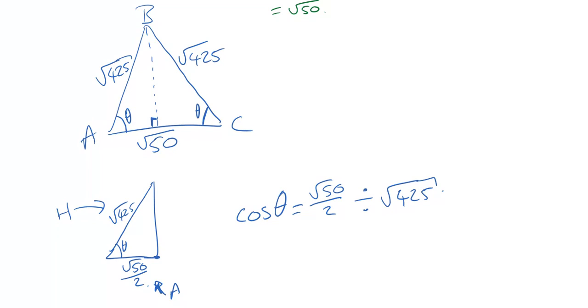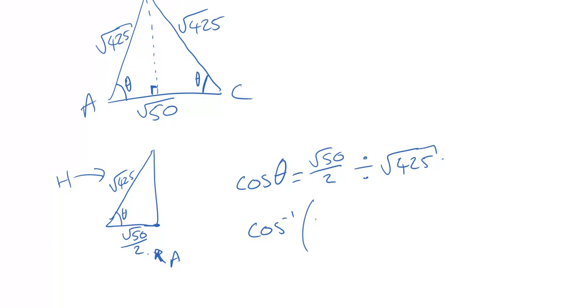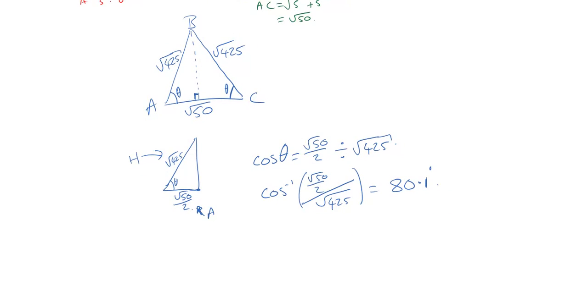So if you do a cosine minus 1 on your calculator and type in root 50 over 2 divided by the square root of 425, we're going to get 80.1 rounded to 3 significant figures. So from B to A to C, which is the same as from A to C to B, we have them both coming out at 80.1 degrees.